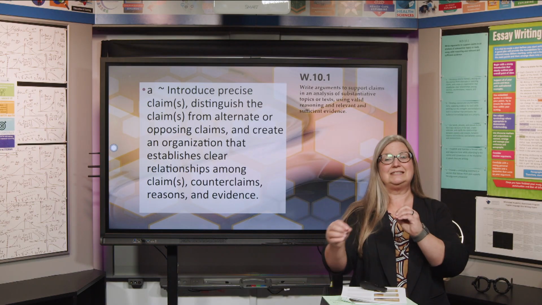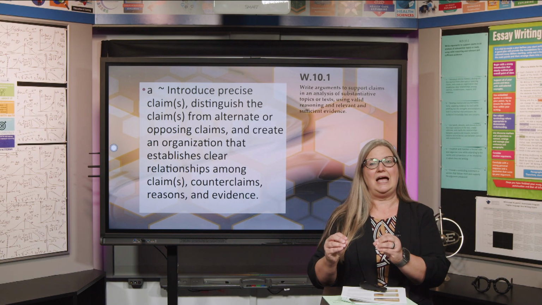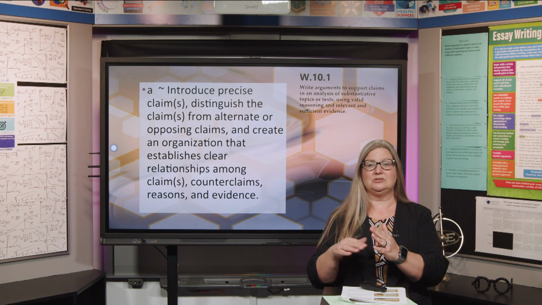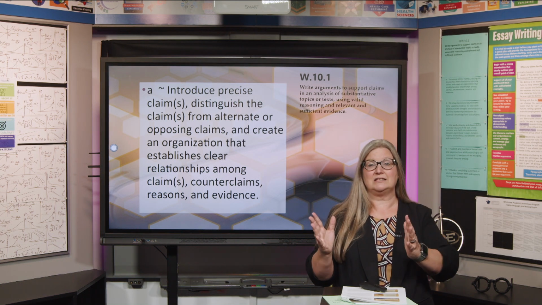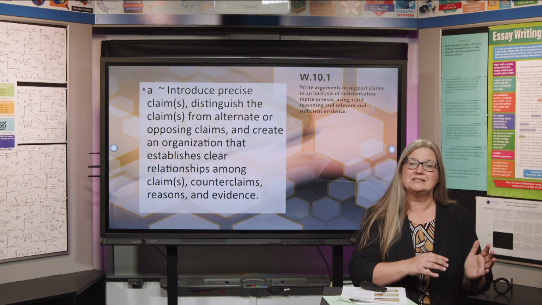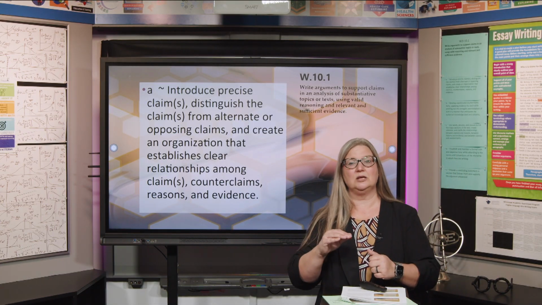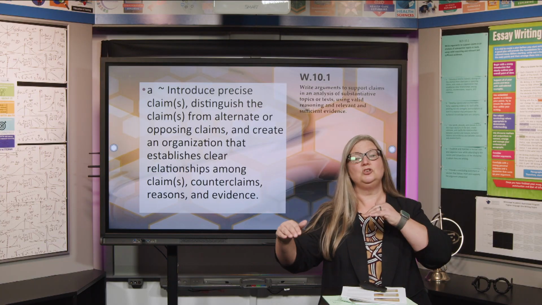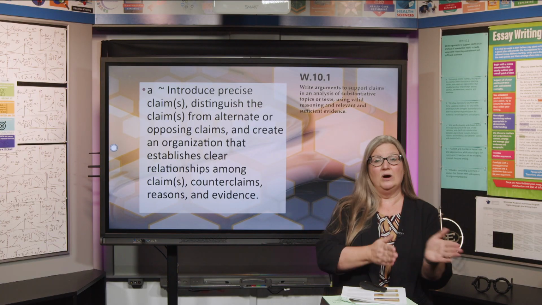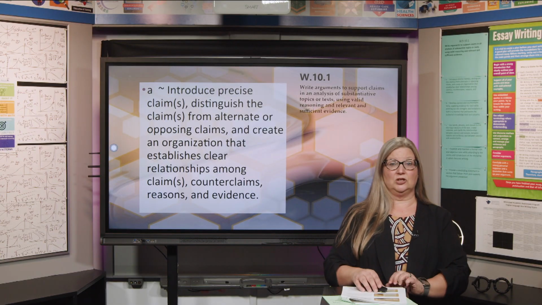Then in order to distinguish your claim from the counterclaim, you would make sure that you said something to the effect of, while some may believe this, others are going to believe this. So you are distinguishing one side of the fence from the other side of the fence for this particular argument.